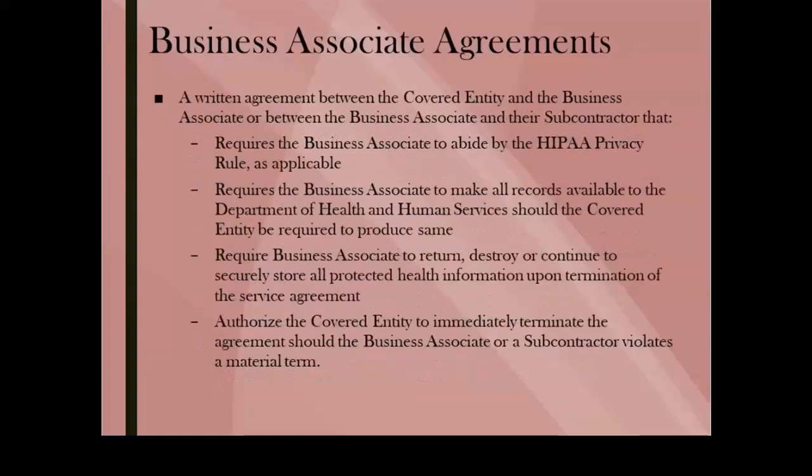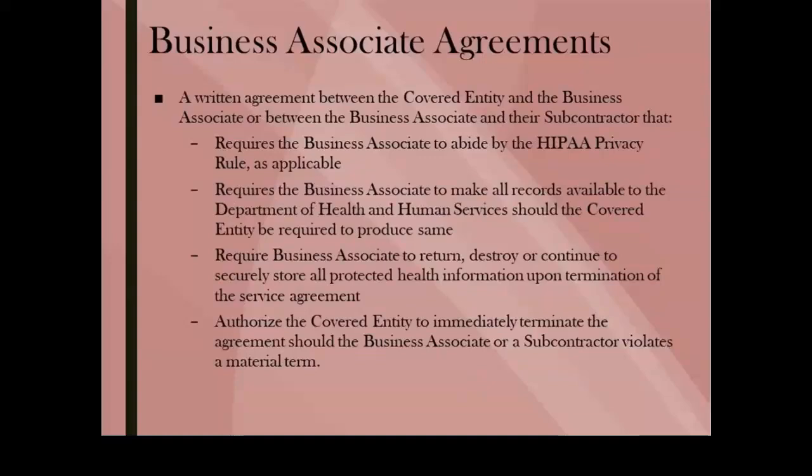As we said, there has to be a written agreement, and there also now, under the omnibus rule, needs to be a written agreement between the business associate and any subcontractors that business associate might be utilizing to provide services to the covered entity.